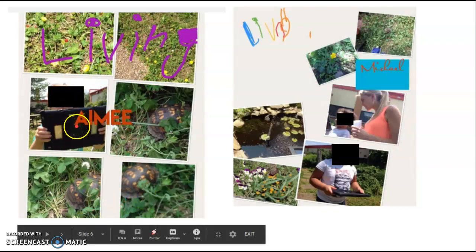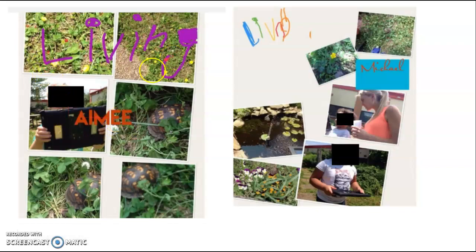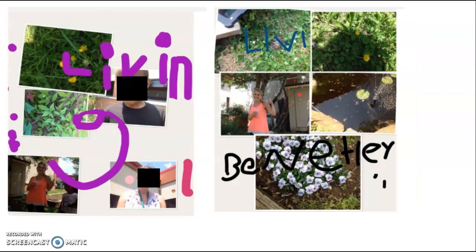This also incorporates writing, so they're writing their name and they're writing living, they're labeling their work, and then they're also sharing their work using the audio feature on the app. If students did not want to use the pictures that they took, they had another option.